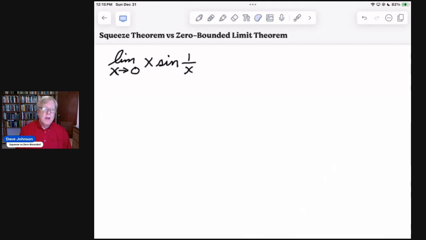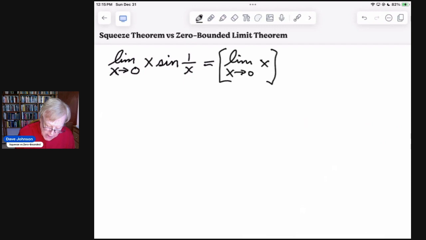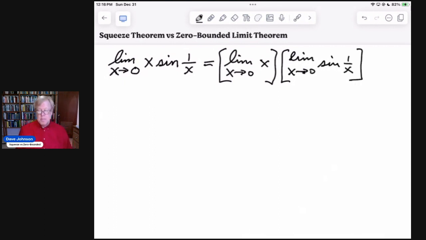In other words, one of the methods for evaluating limits is to say, well, the limit of a product is the product of the limits. But in this case, let's go ahead and write it. If we wrote this as the limit as x goes to 0 of x times the limit as x goes to 0 of sine 1 over x, you're not allowed to do this because although this is 0, this does not exist.